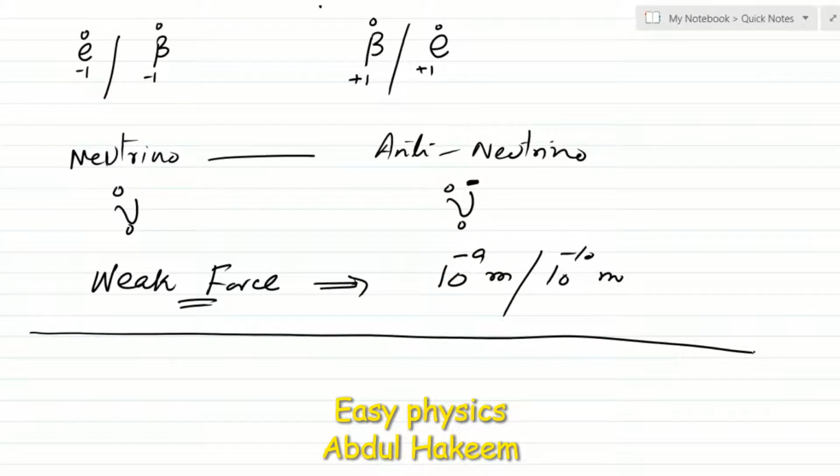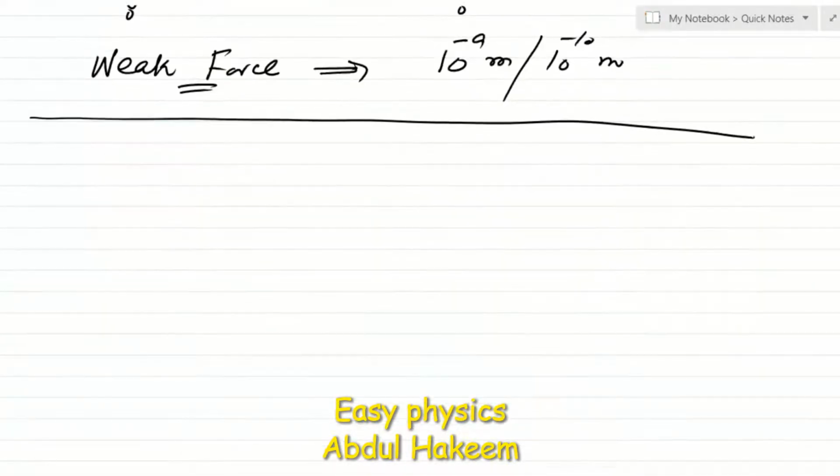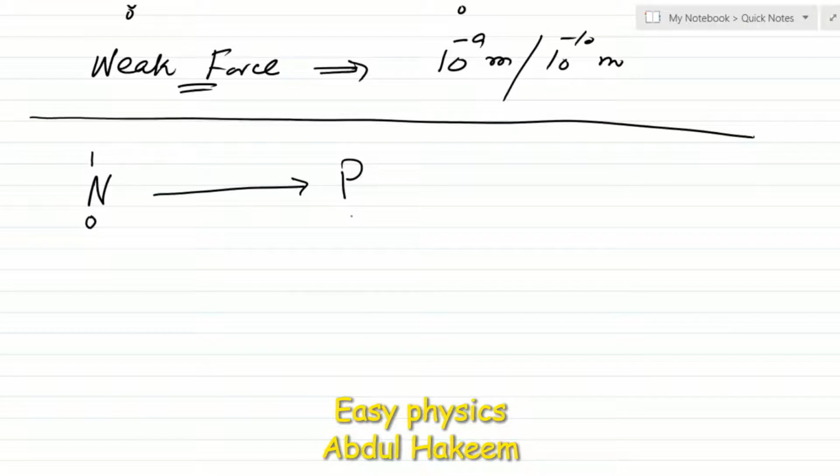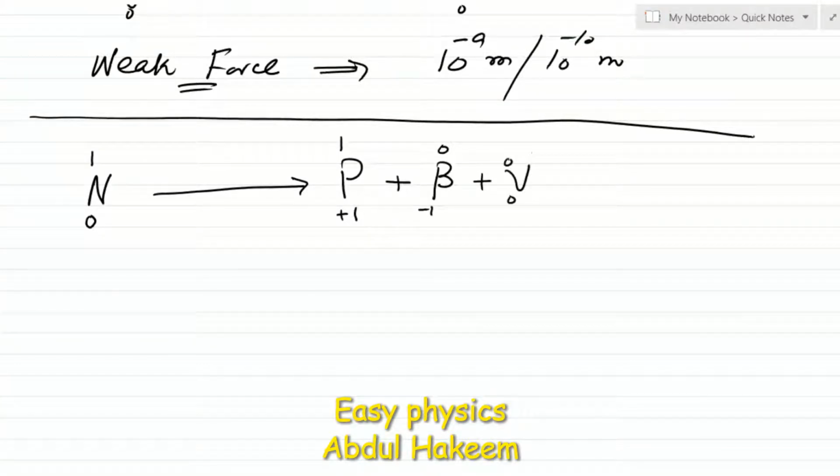Now suppose during a nuclear reaction, a neutron is converted into a proton. Neutron: no charge, mass is 1. Proton: plus 1 charge, mass is 1. Along with this, a beta particle is emitted, and along with the beta, an antineutrino is emitted.